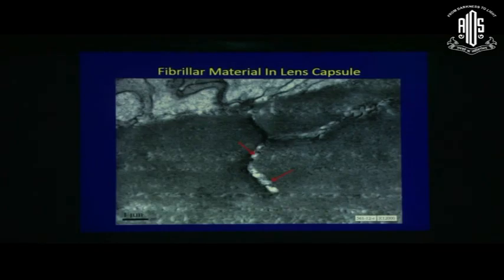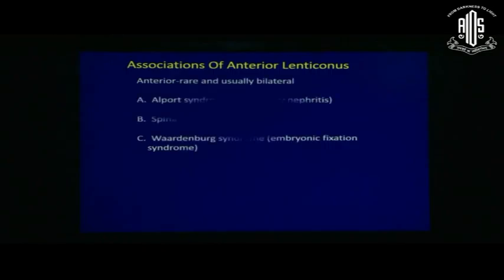So what is the next thing that you do in a patient with posterior lenticonus? What examination or test would you want to conduct? Simple procedure. You're going to do a urine examination because you want to look for microscopic hematuria that is seen in Alport syndrome. Okay, so these are the three conditions associated with lenticonus.